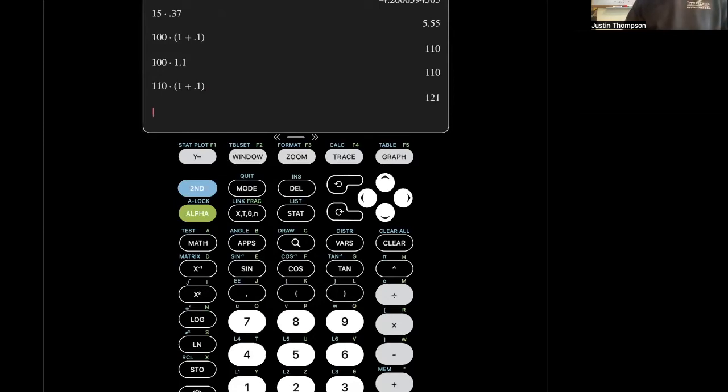Another way of doing that is we could have just taken my original amount and multiplied that by 1 plus 0.1. And now we're saying it's been 2 years, so this was compounded twice. So this is the same thing as just taking that number and squaring it. Look at that. We do get indeed 121.